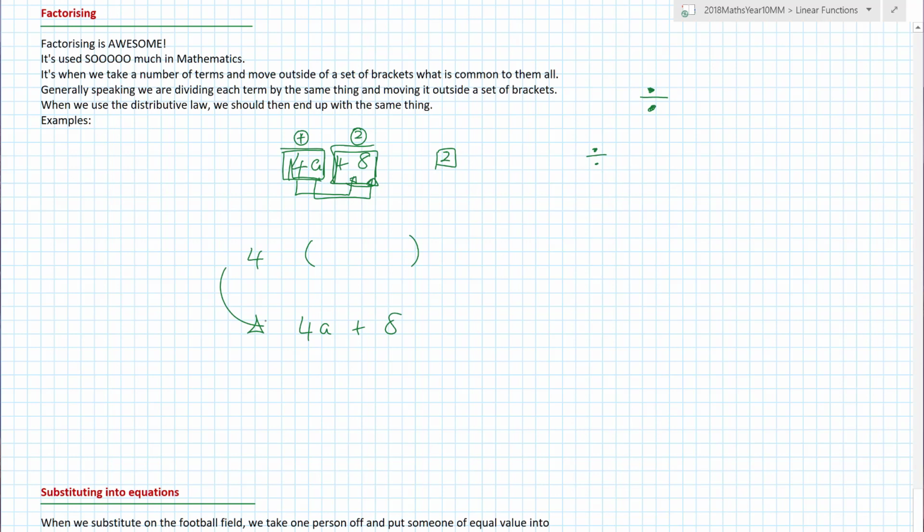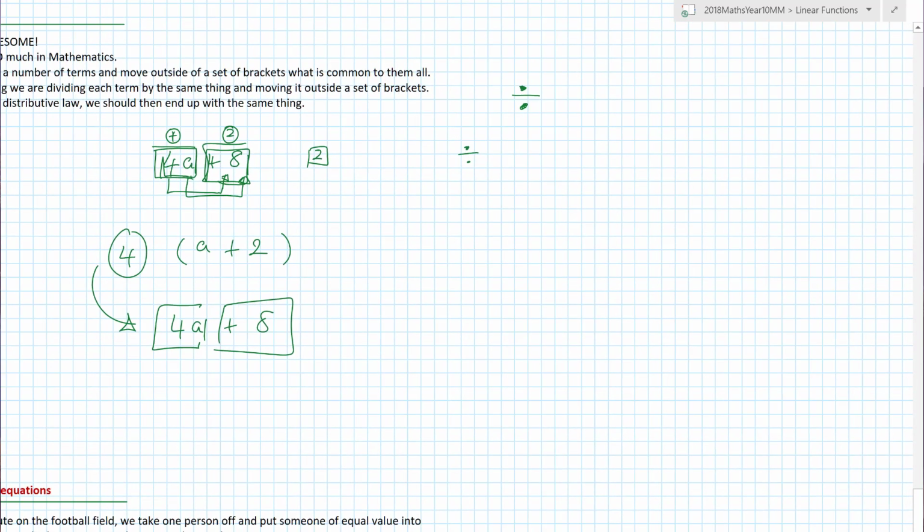So I'm dividing. So 4 times what gives me 4a? Well, hopefully a. 4 times what gives me plus 8? Well, hopefully plus 2. And ladies and gentlemen, you have just factorized. You have taken outside of a set of brackets the biggest thing that can be divided into both of those terms. Let's do another example.